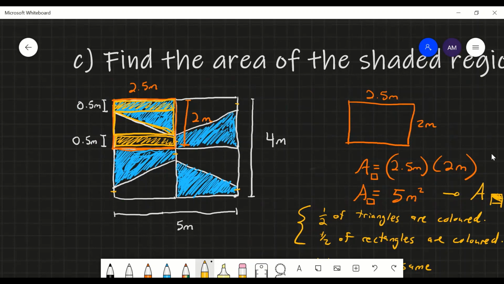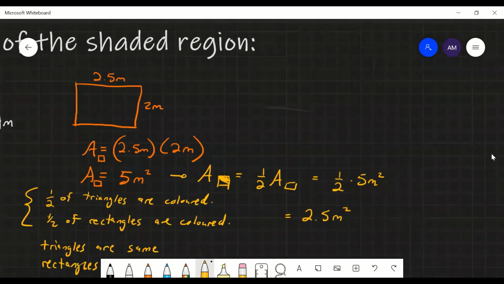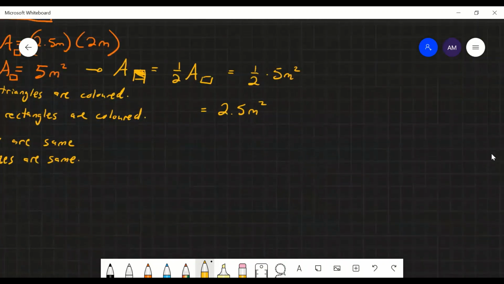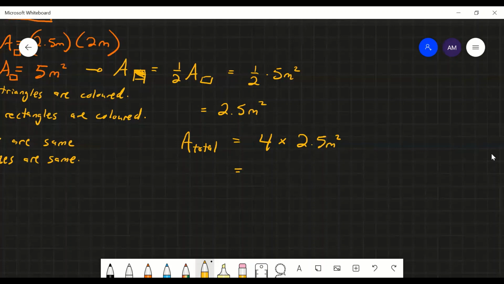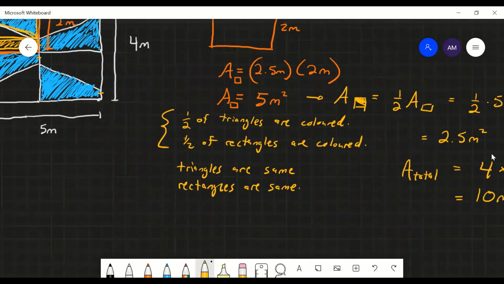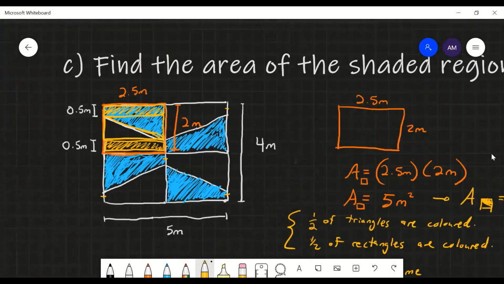So if one of the rectangles that's partially colored has 2.5 square meters of coloring, and there's 4 of them, then the total area would just be 4 times the area of that one piece, or 10 meters squared.